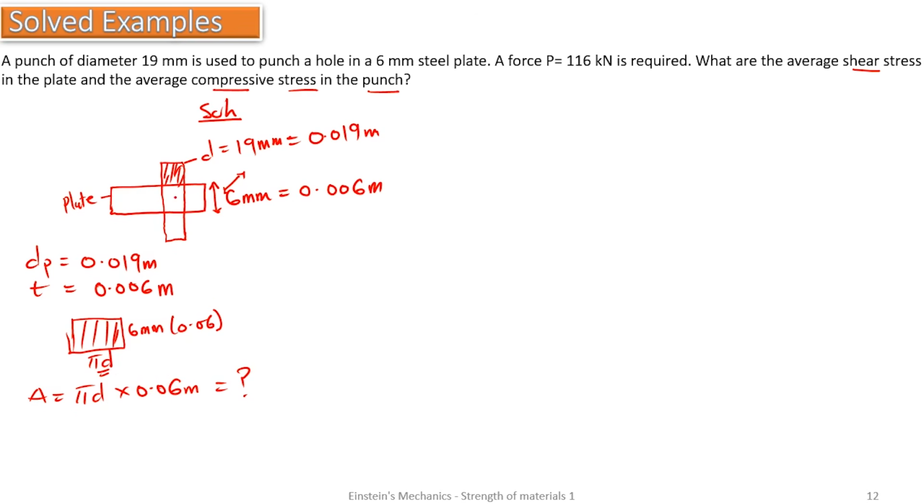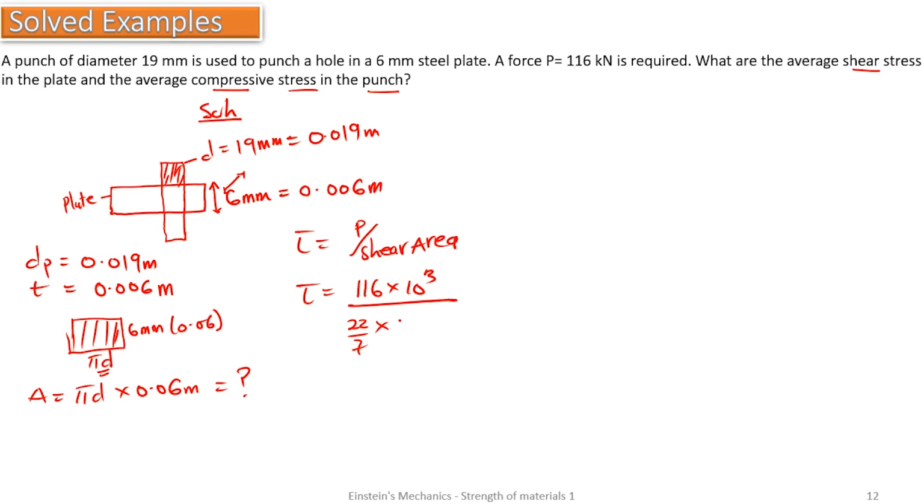Therefore, the shearing stress tau at the point of sliding will be the force over the shear area, and the force given is 116 kilonewton over the shear area, pi D. Pi is 22 over 7.